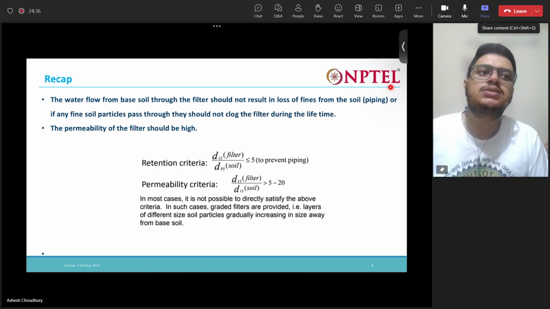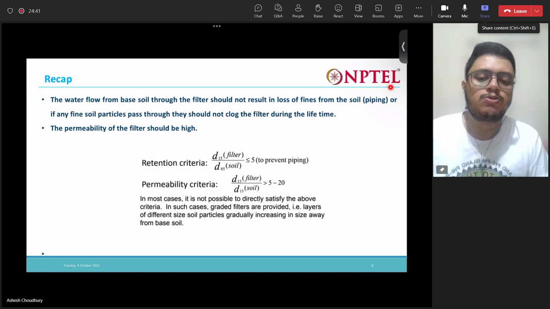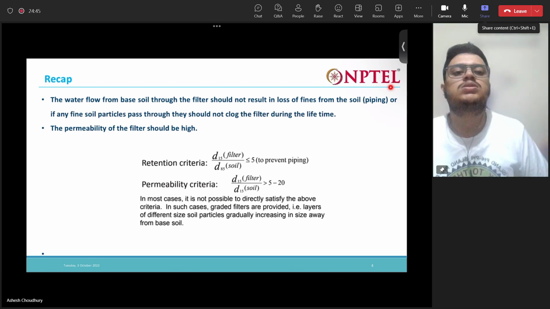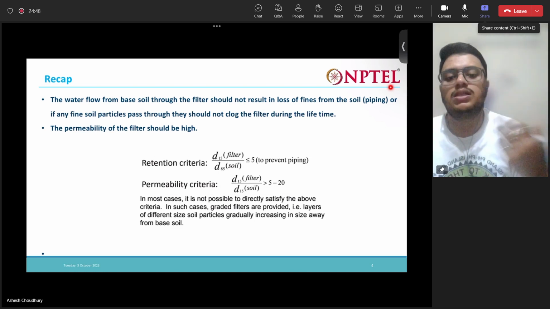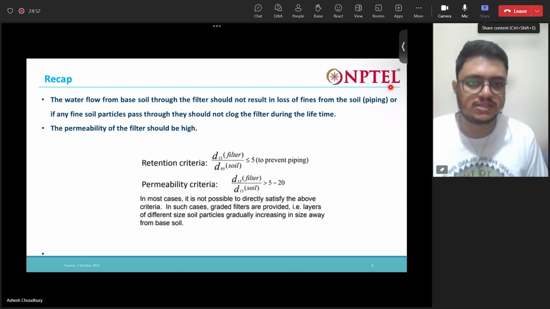This phenomenon is aggregative: once this piping starts to occur, it continues until the whole soil fails, the whole structure fails. So the filter should prevent this.